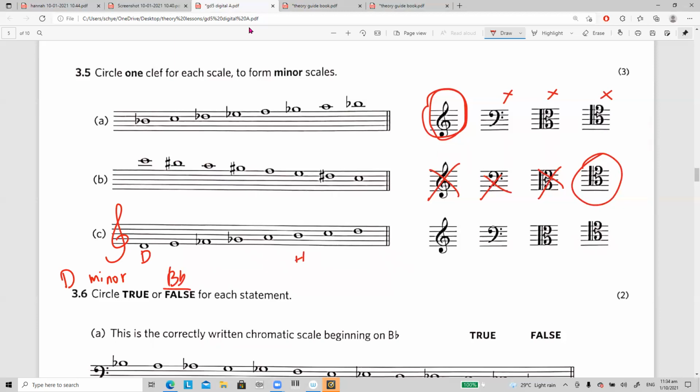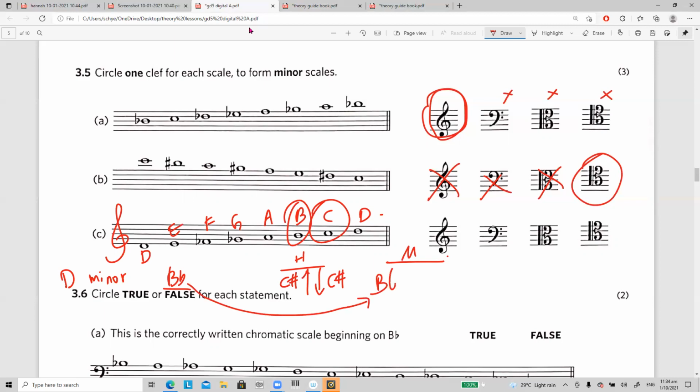For harmonic form, you need to raise the leading note. So D, E, F, G, A, B, C, D. The 7th note is C. So you should raise the C in ascending; descending is also the same. For melodic form, you should raise the 6th and 7th notes. So B flat, you raise, it becomes B natural, and then C sharp in ascending; descending, nothing.